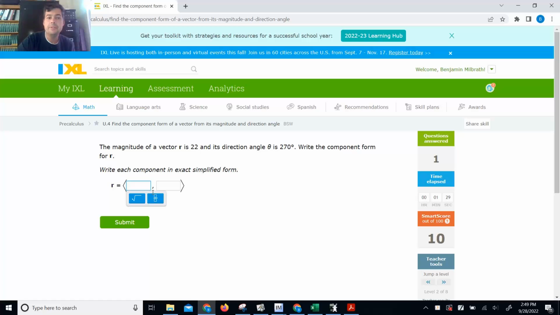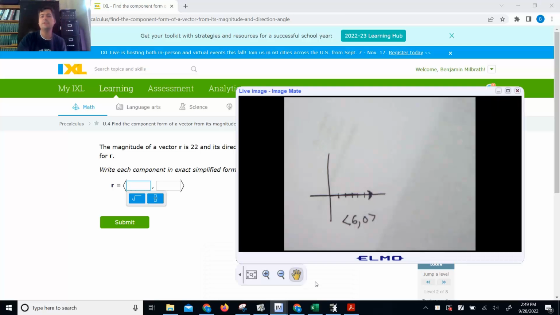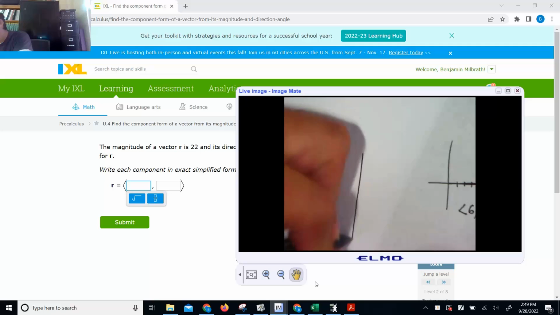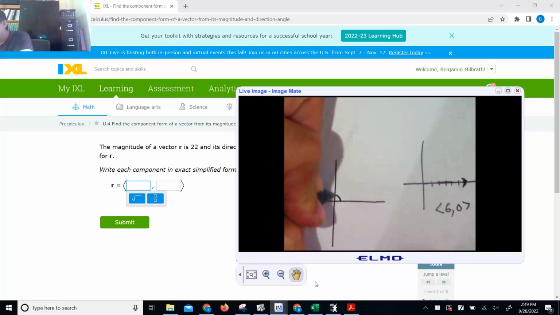Here's where it could get interesting. The magnitude of a vector r is 22 and the direction angle is 270 degrees. Actually, no, it's still pretty easy. Don't have any reason to get a calculator out yet. So the angle is 270 degrees. All right, a 270-degree rotation, which I feel quite confident that you all can do. It's going to rotate 90, 180, 270 degrees positively.